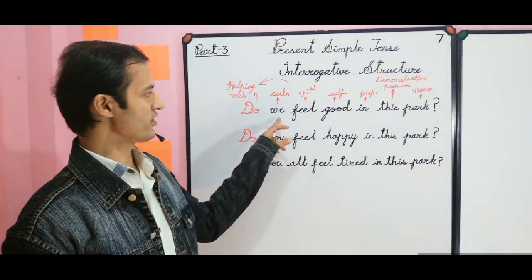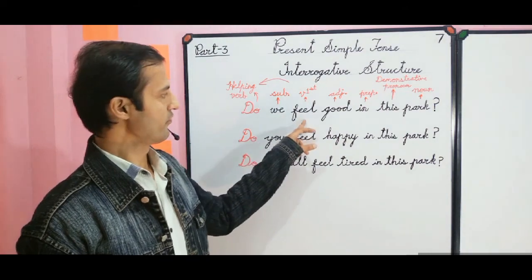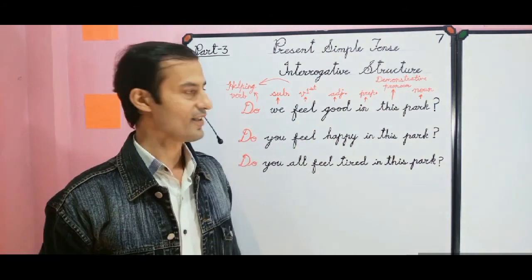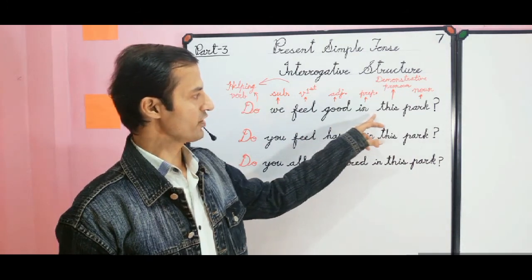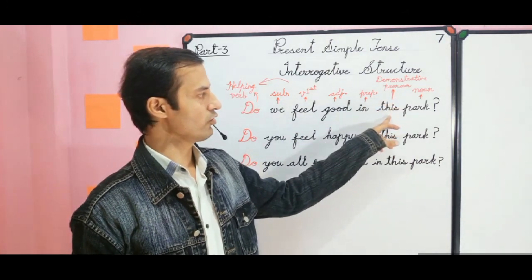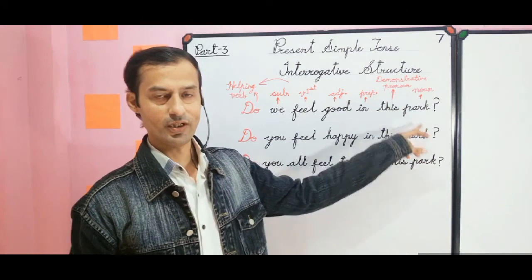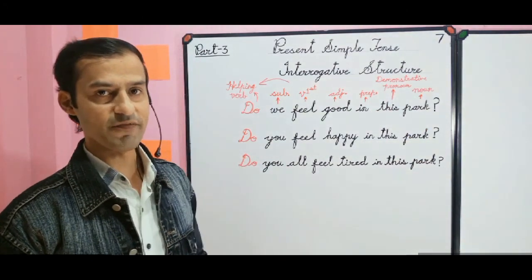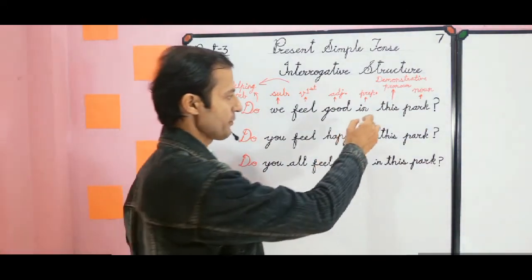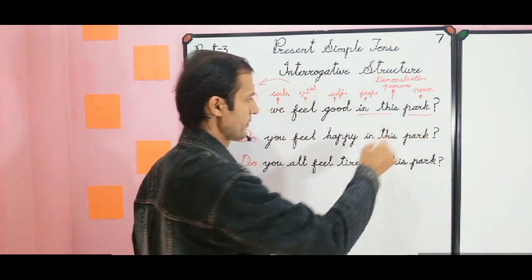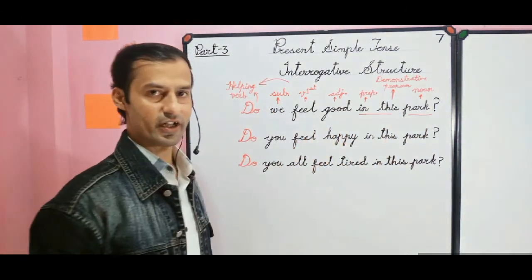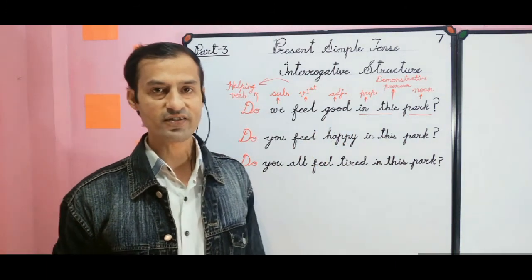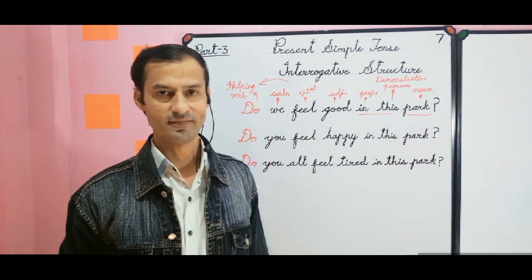So this is the subject we, first form of the verb feel, and adjective, preposition, demonstrative pronoun and noun. We can also say this is the prepositional phrase in this part.